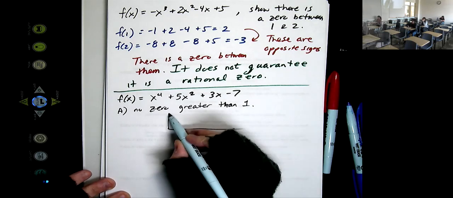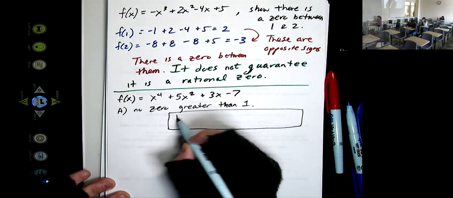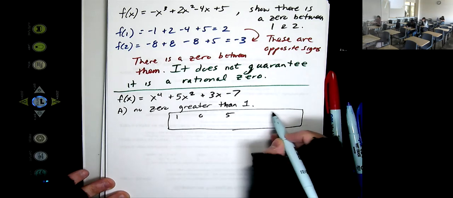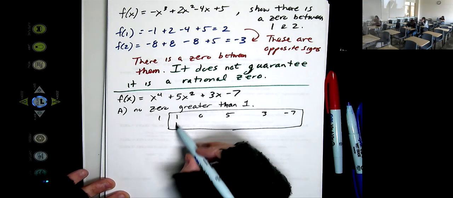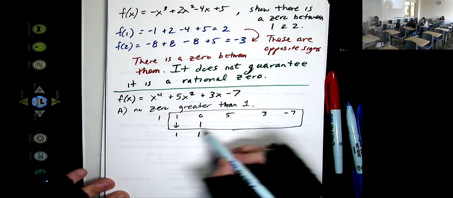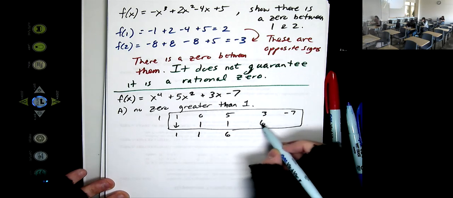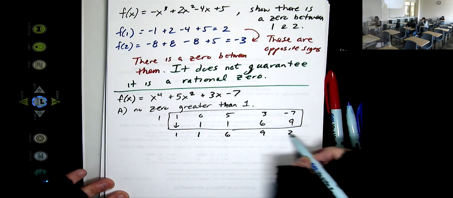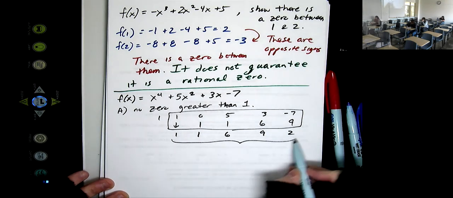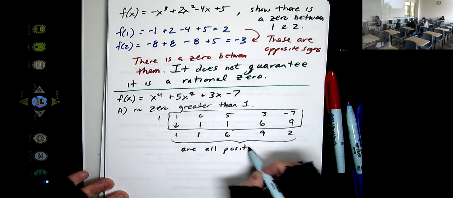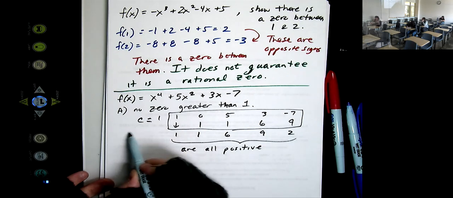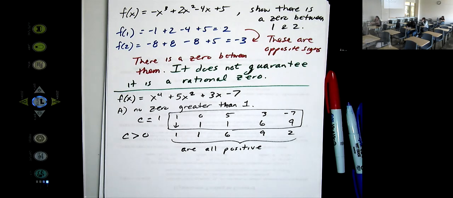We do that by doing synthetic division. These are all positive. And c equals 1, c is greater than 0. If c is greater than 0 and the outcome is all positive, there's no root that's bigger than that.